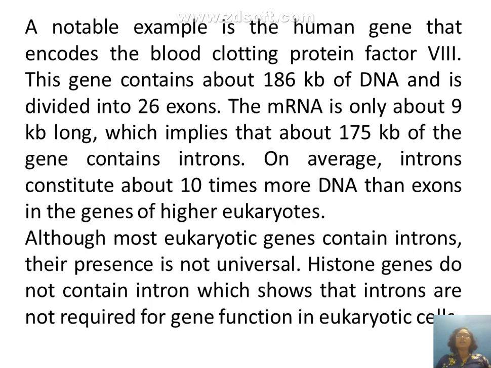Otherwise it should have 5 million genes, but it has only 25 to 30,000 functional genes. It means that the remaining nucleotide sequence is only redundant, which is of no use for the higher eukaryotic organism.